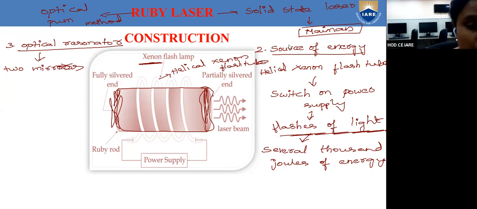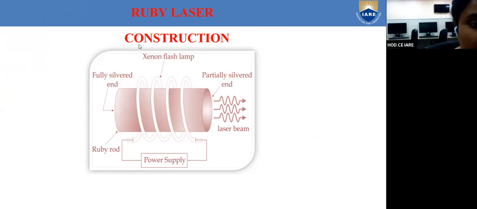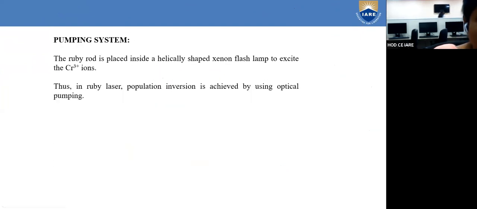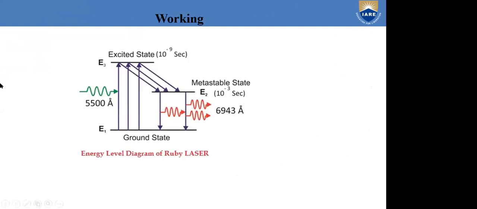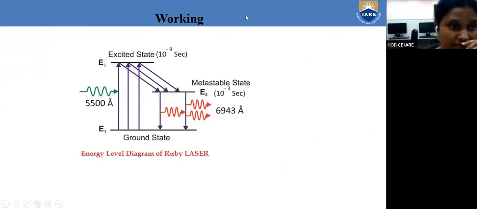Now next, we are going to see the working of this laser using the energy level diagram. So next, you people copy this energy level diagram. All of you copy this energy level diagram. Working using energy level diagram.